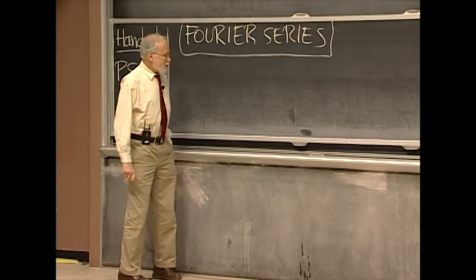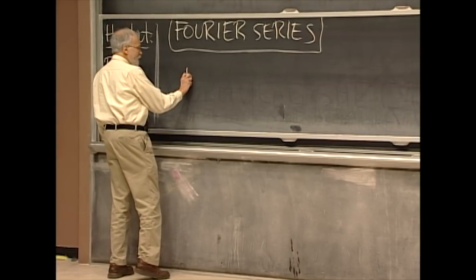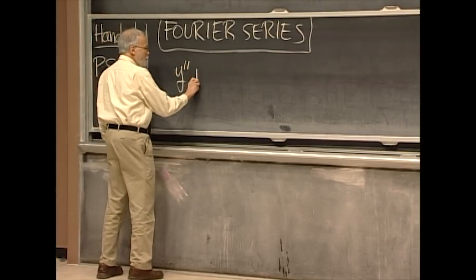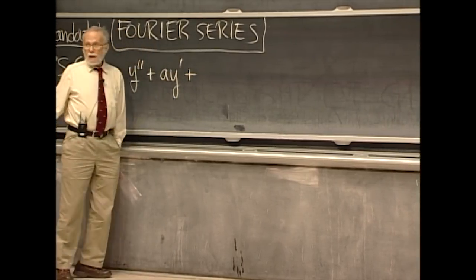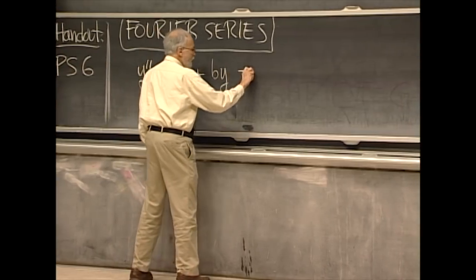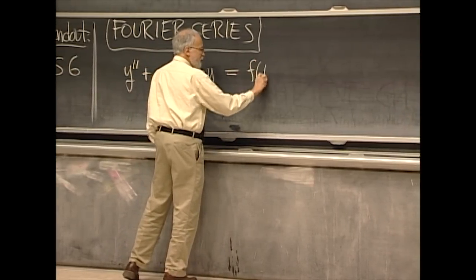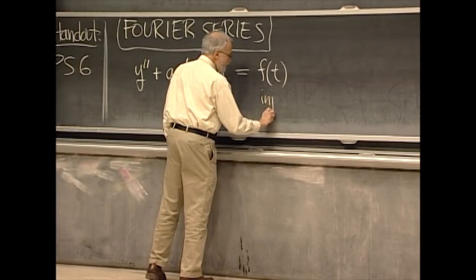So the situation up to now is that we've been trying to solve equations of the form y double prime plus ay prime, constant coefficients, second order equations, and the f of t was the input. So we're considering inhomogeneous equations. This is the input.